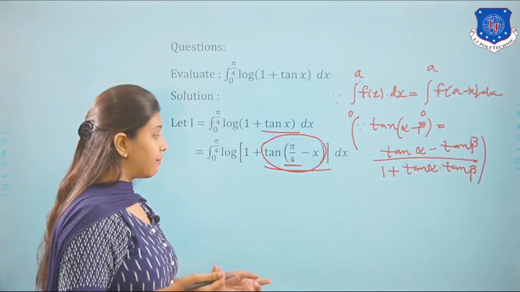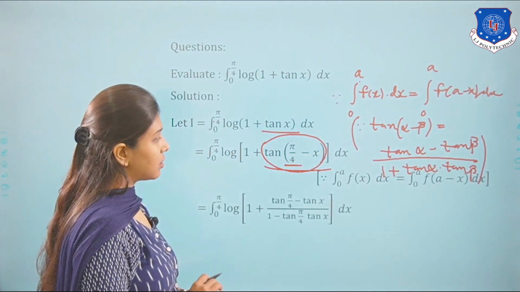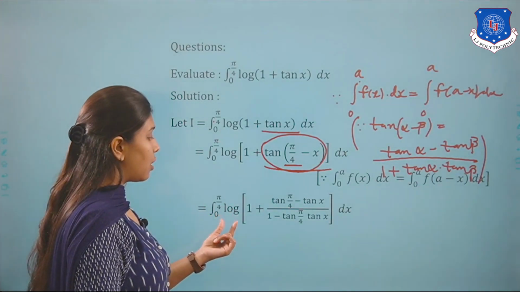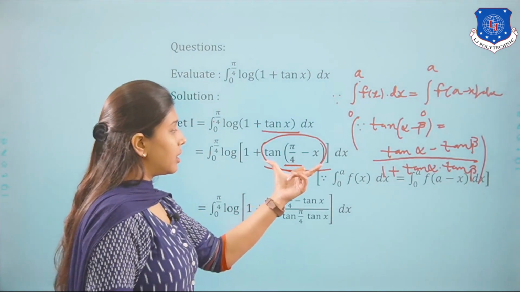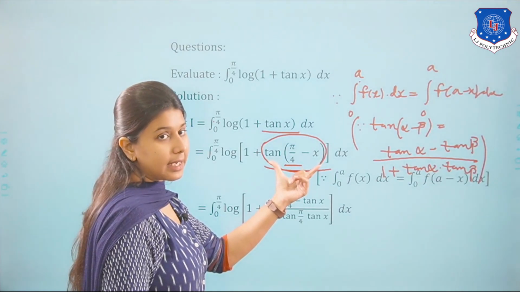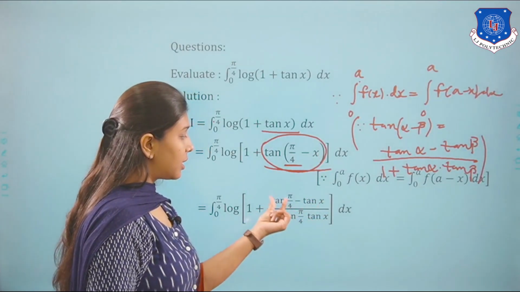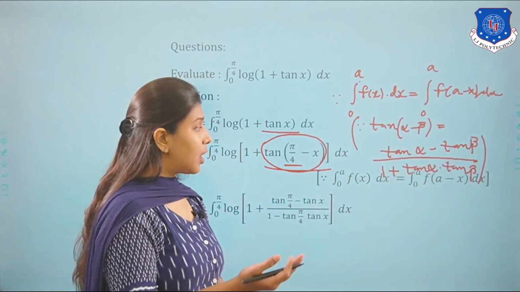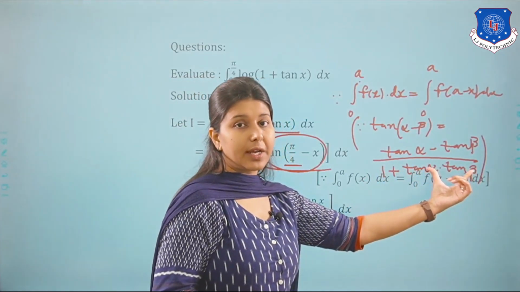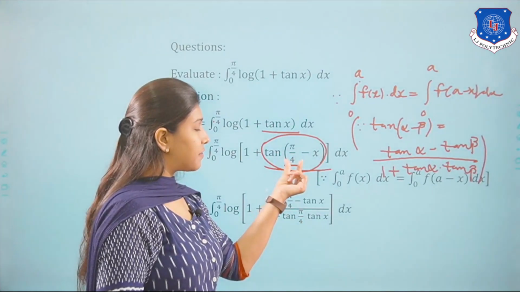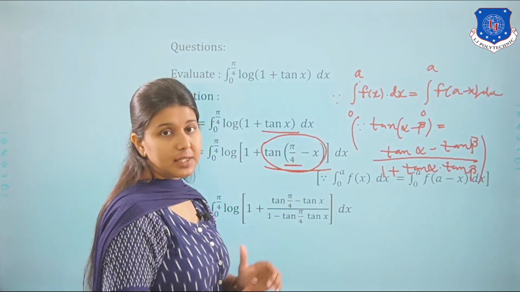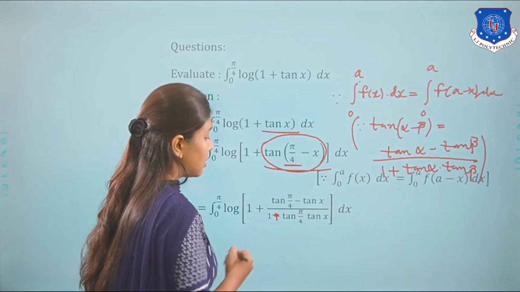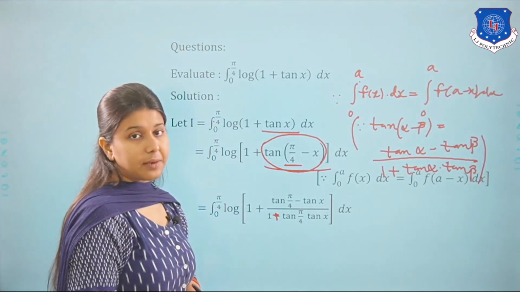Using this formula, we have this term, right? Integration of 0 to pi by 4 log of 1 plus tan pi by 4 minus x can be written as tan alpha minus tan beta upon 1 plus tan alpha into tan beta. Here the value of alpha is pi by 4 and the value of beta is x. So we can write it as 1 plus tan pi by 4 into tan x.